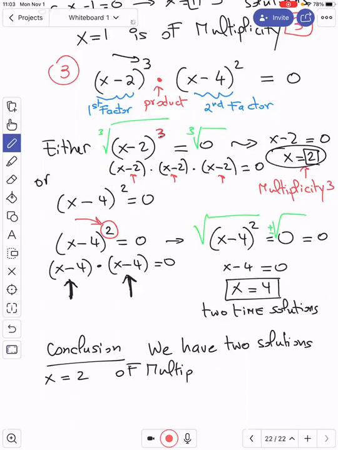And then there's x equal to 4, which is actually a 2 times solution, because of this square. So x equal to 4 is of multiplicity 2, because the exponent is 2.